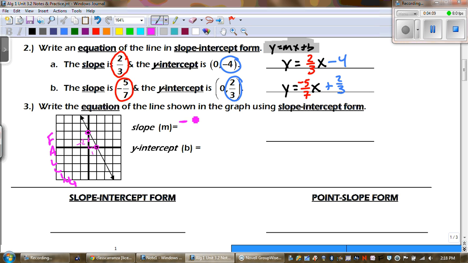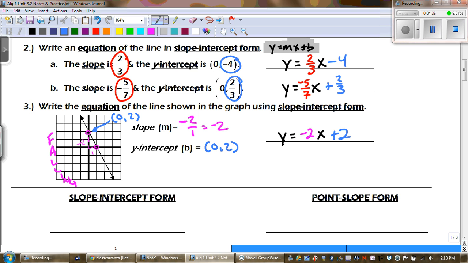So -2 over 1, but that's the same thing as -2. The y-intercept, where we start, is (0, 2). So we get y equals -2x plus 2.